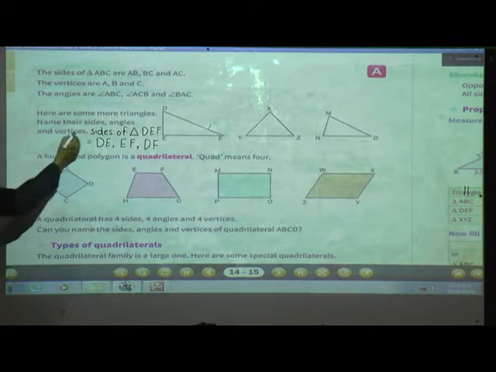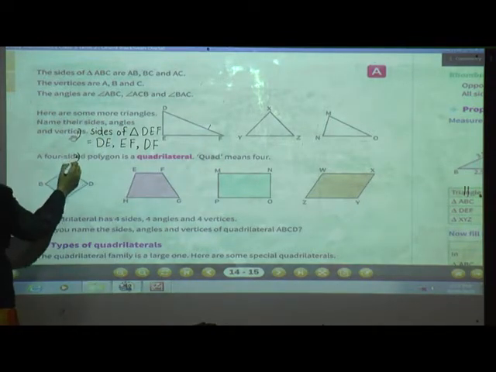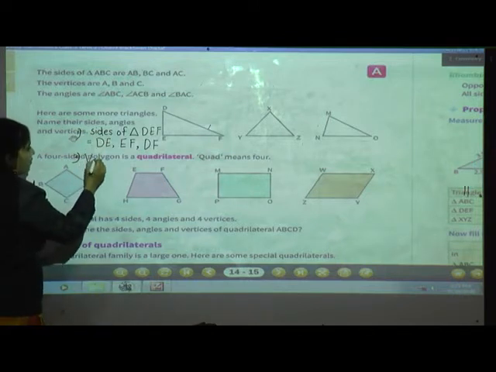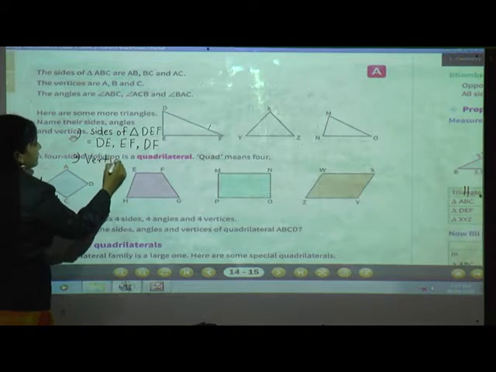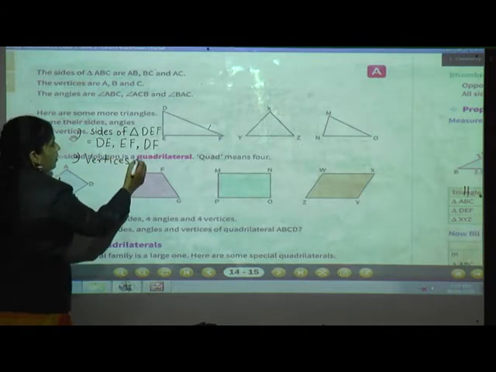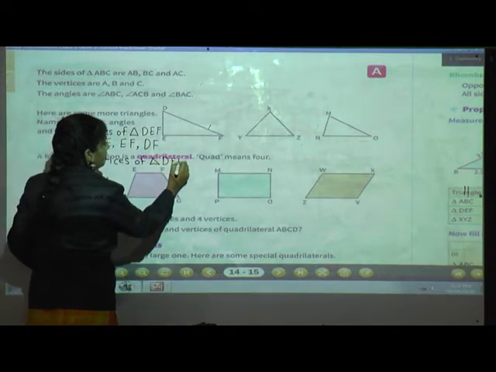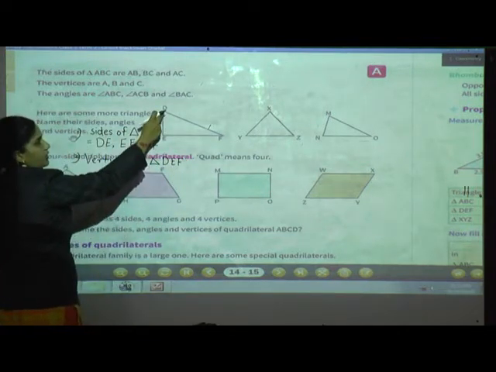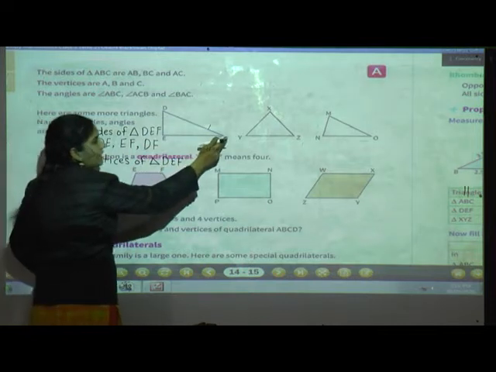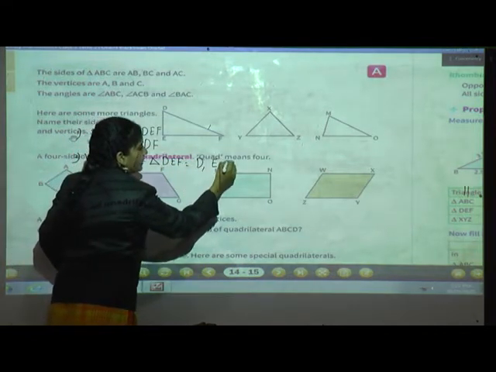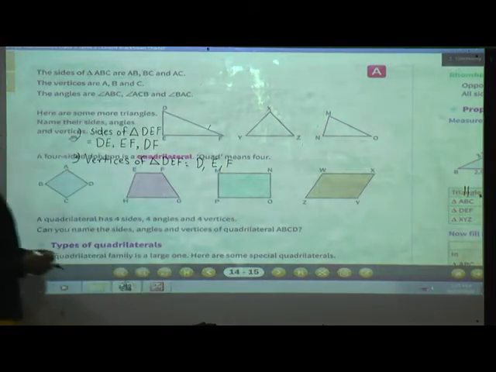Now, second one, vertices of triangle DEF. Tell me. Vertices are D, E, F. Yes.